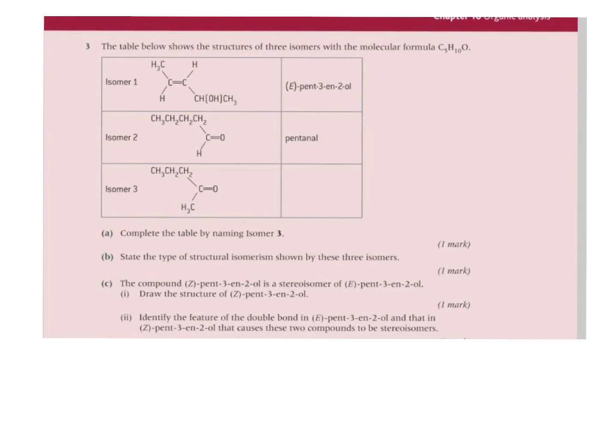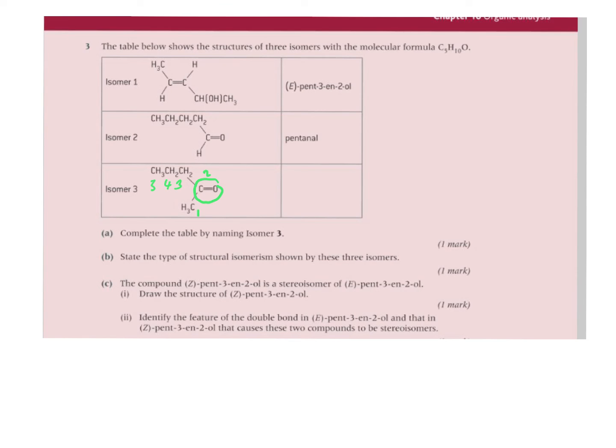The first part of this question simply dealt with different types of isomerism, so I'm going to walk through that quickly just as a bit of revision. It says complete the table by naming isomer 3. First of all, we can identify the functional group. We can see it's a ketone, and if we number the positions, starting with the lowest first, that's carbon 1, 2, 3, 4, 5.